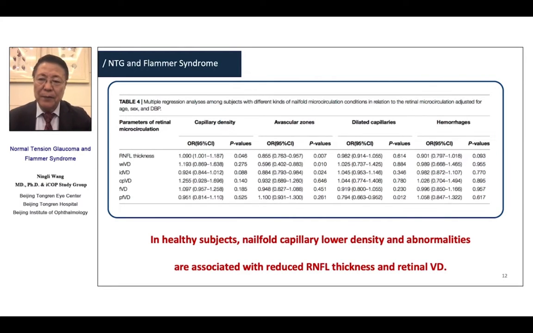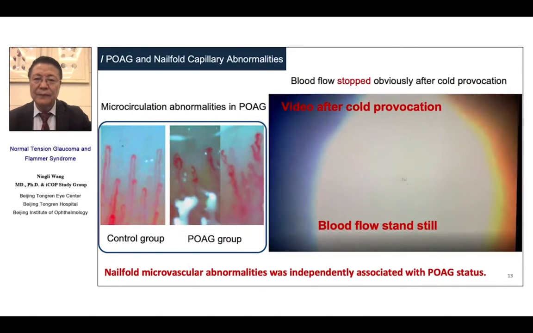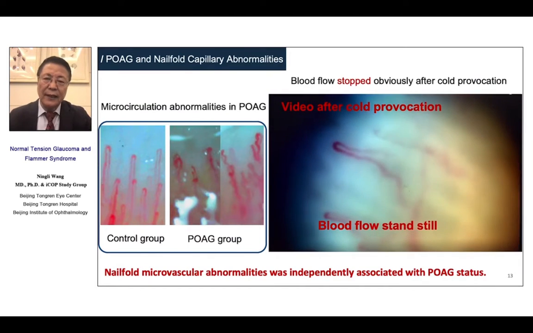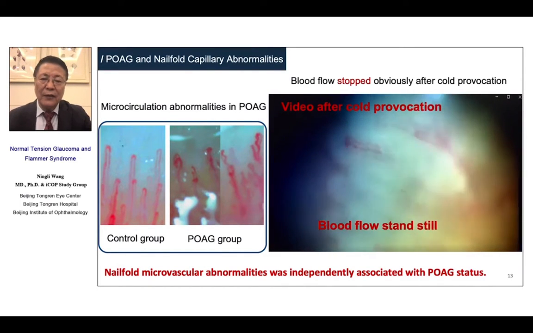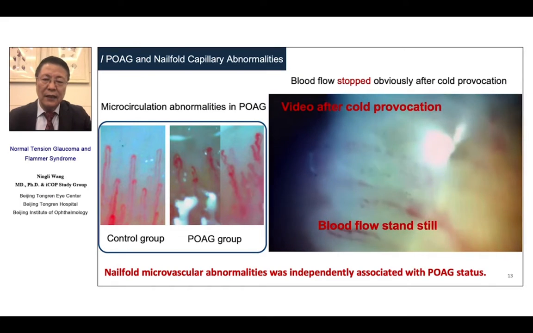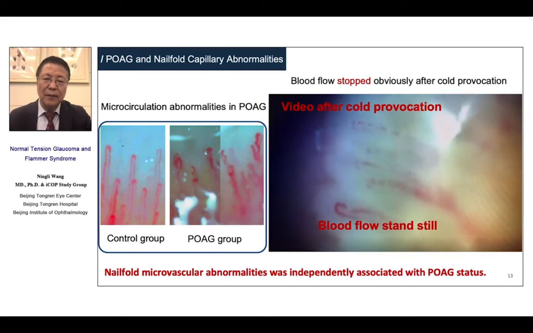This paper is already published: in healthy subjects, nailfold capillary abnormalities are also associated with reduction of retinal nerve fiber layer thickness and retinal vascular density. Here is the technique we used to see the microcirculation of the hands and extremities.